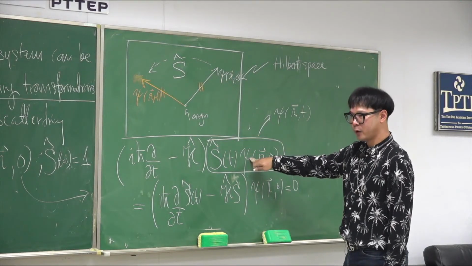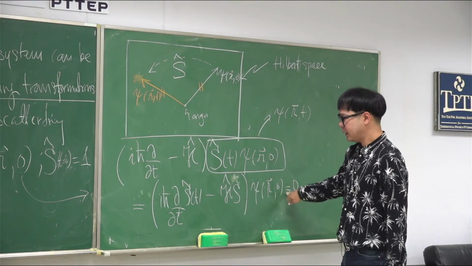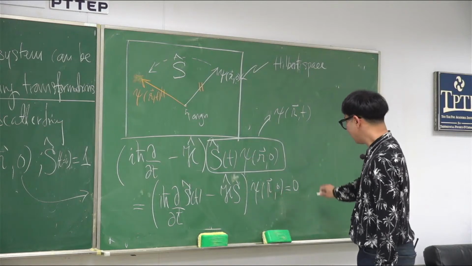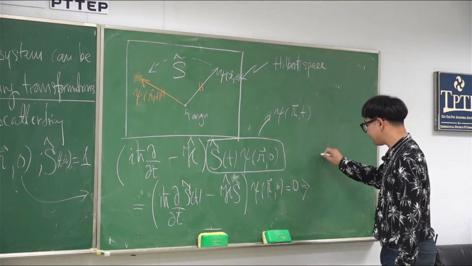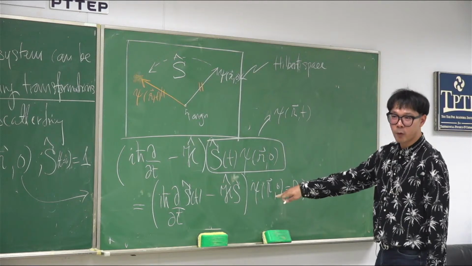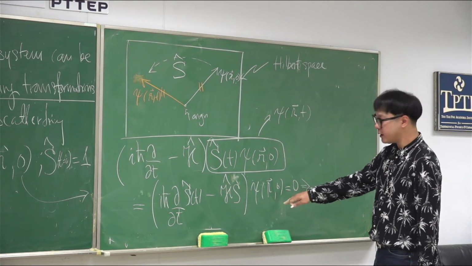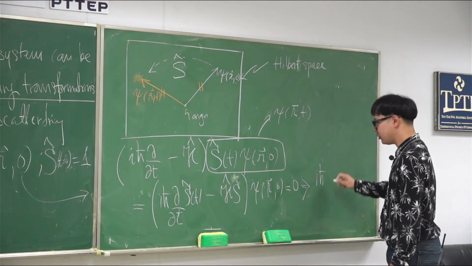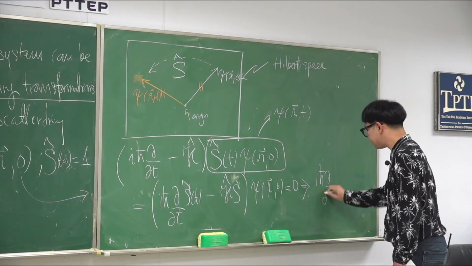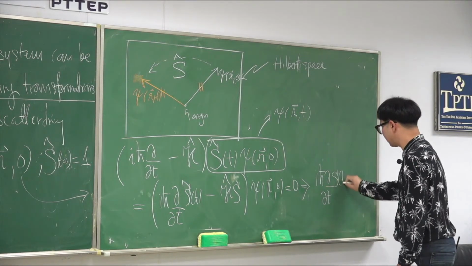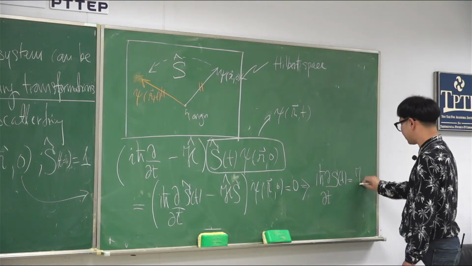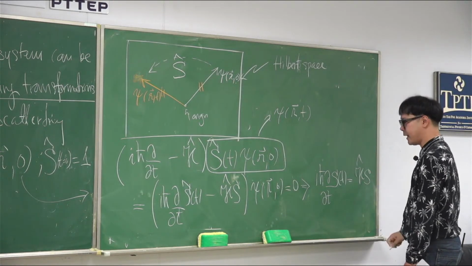Do you get this equation? And then this equation has to override this. And then from this, it means that this equation holds if and only if you have this.